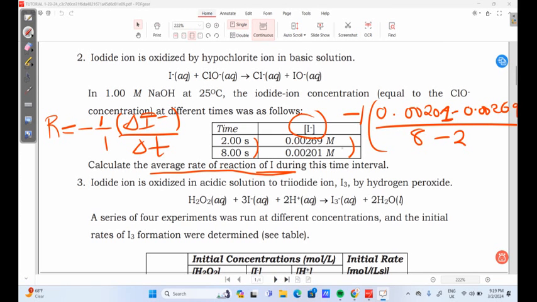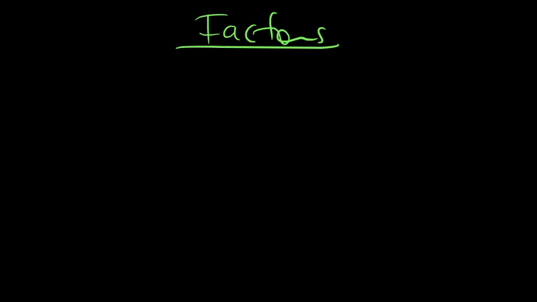We use the same formula that we used for question 1, then we substitute. The formula doesn't change for the rate of reaction, and that's why it's very important for you to learn the concepts before we answer the tutorial sheet. I advise you to watch the videos within the week. But the good part is you've learned in class.